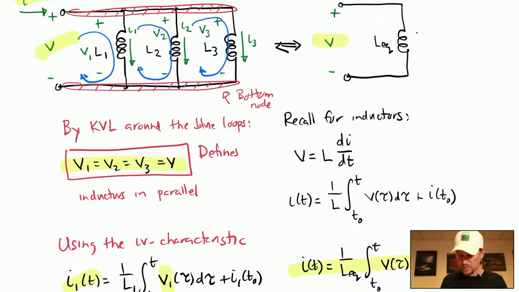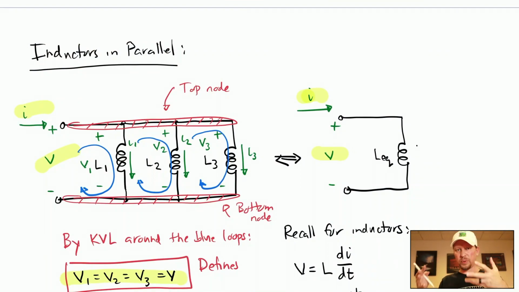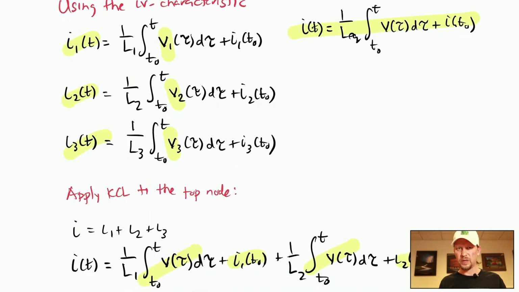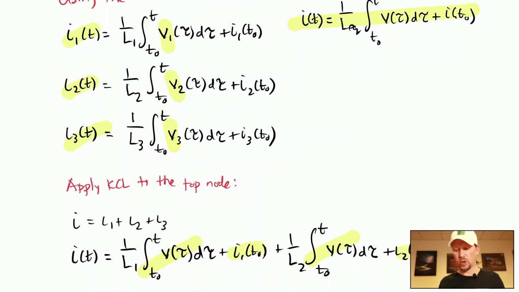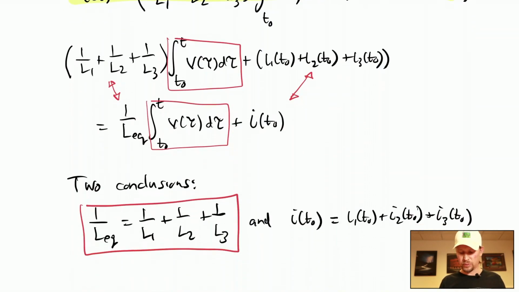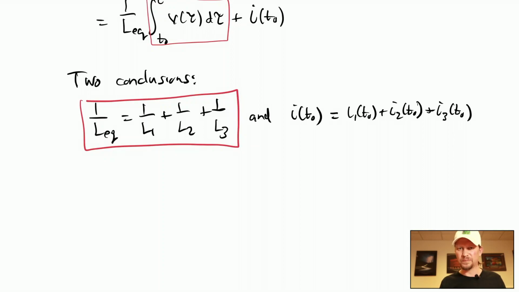If they happen to be in parallel, I can replace the entire network of inductors with one single equivalent inductor, provided the reciprocal of the equivalent inductance is the sum of the reciprocals of each one of the inductors in the network. Very similar to resistors in parallel. And I can guarantee this will help in simplifying your networks even before you begin analyzing them.